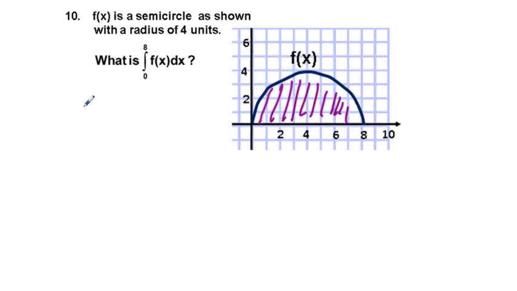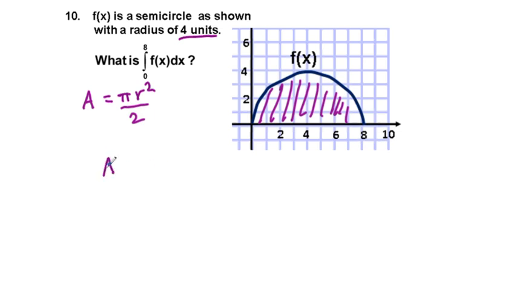And so we just have to know the formula for area of a circle. It's going to be pi r squared. And if we have a semicircle, we have to divide that by 2. So find your area of the circle, divide by 2. Well, it gives you a radius of 4.